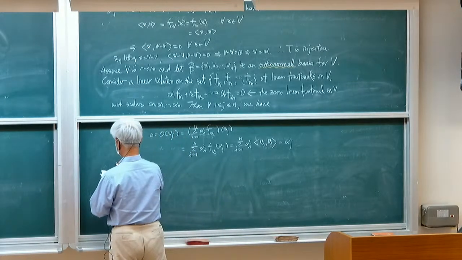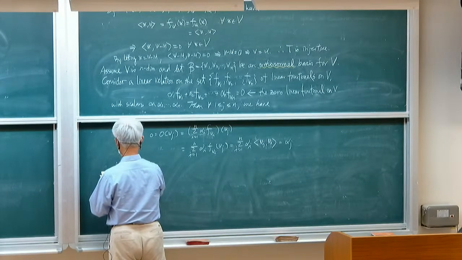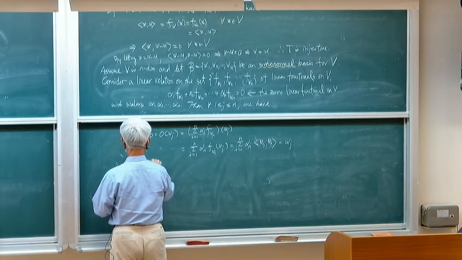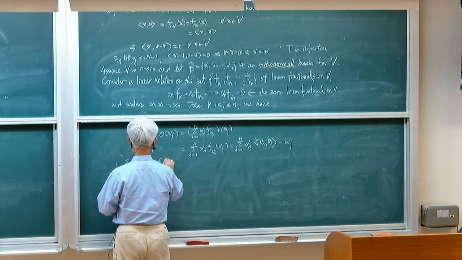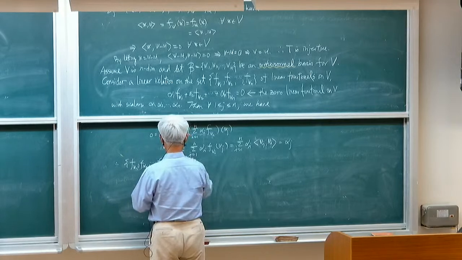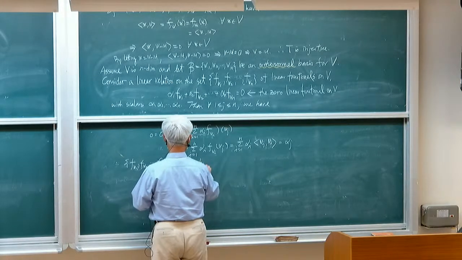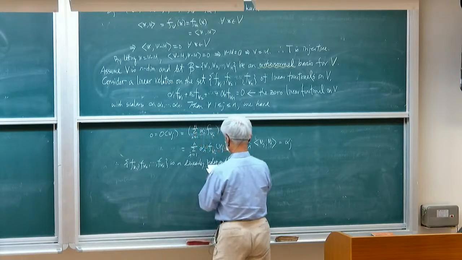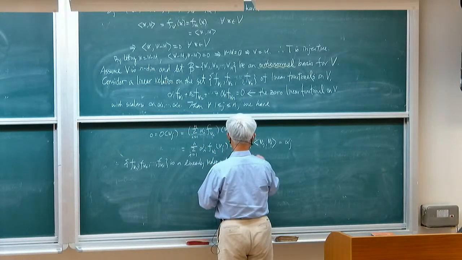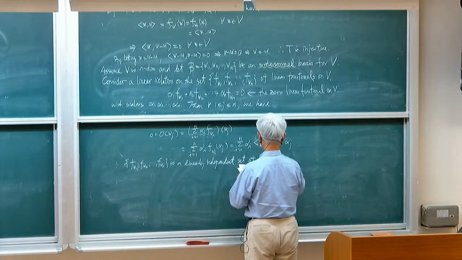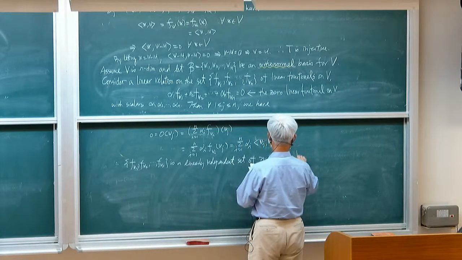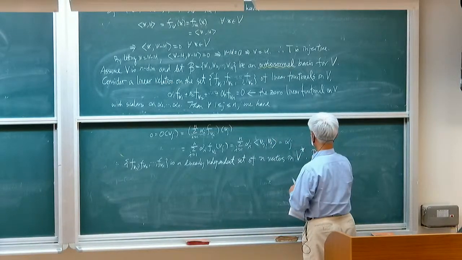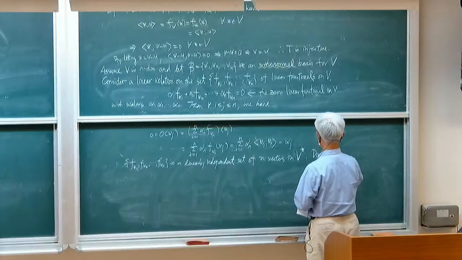All right, so f_v1, f_v2 up to f_vn is a linearly independent set of n vectors in the dual space. But the dimension of the dual space is n.